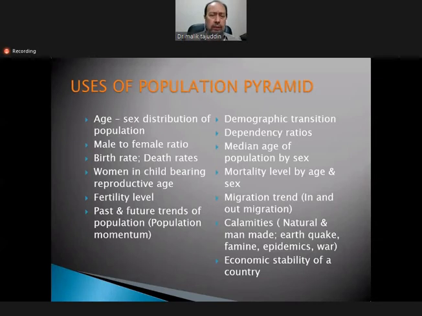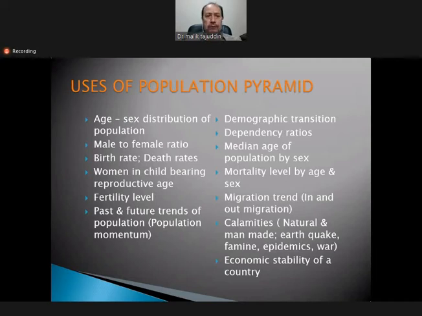So how can this population pyramid be used in day-to-day life, in demography, in epidemiology, biological sciences, in planning of different countries, educational planning, economic planning, health planning, and every other thing?